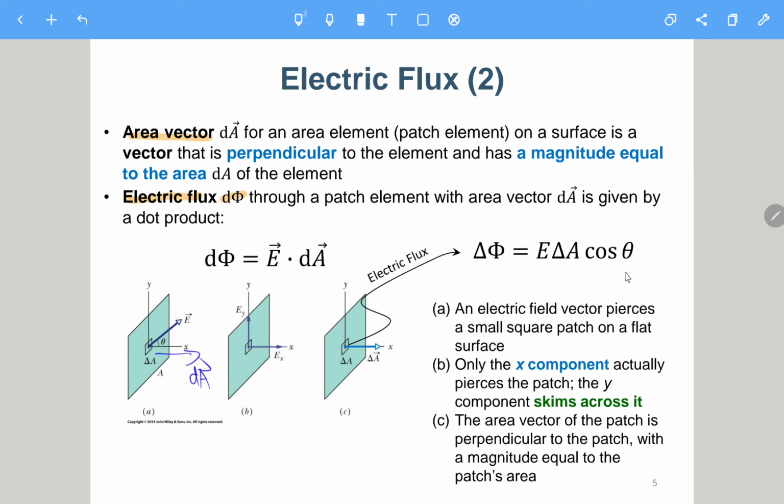And if theta is 90 degrees, which means that E is perpendicular to dA, then cosine theta is 0. The flux is 0. And if theta is between 90 and 180 degrees, then cosine of theta is negative. Then we will have a negative flux.